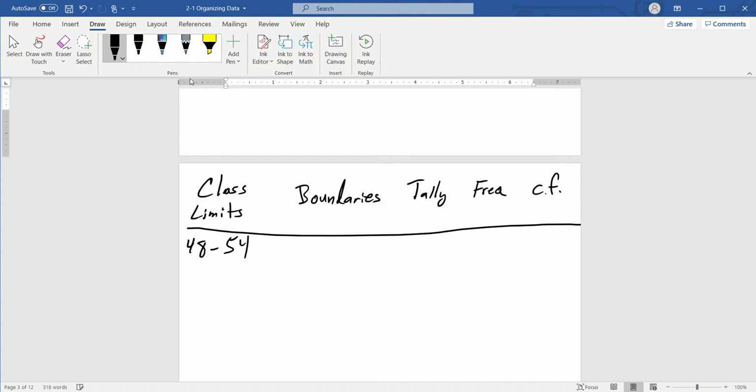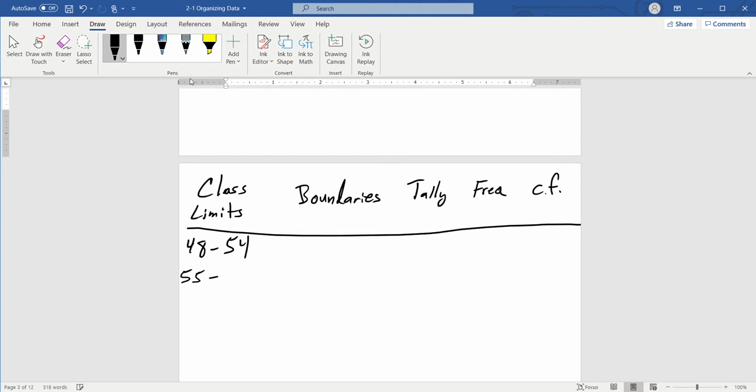It will give you only lowers or only upper limits. Now, these are inclusive, meaning if you have the number 54, it's right here. It can't be in the next one. So for the next class limit, go up by 1. Or you can also look at this as, what's 48 plus 7? 55.